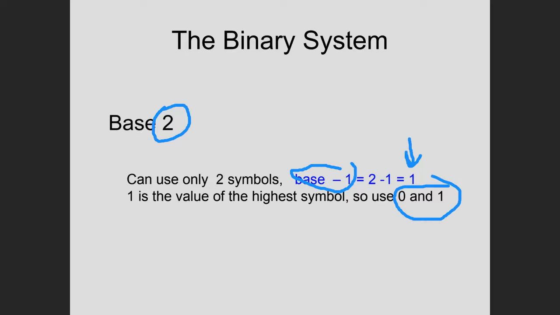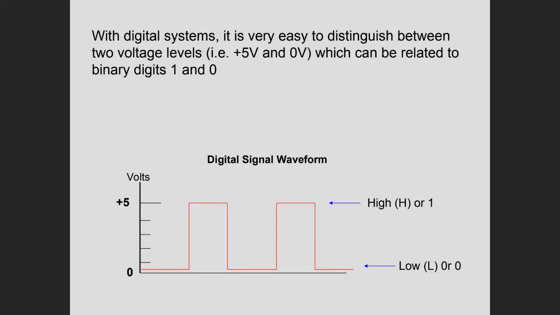Now, we know and understand that it's pretty easy to represent a 1 or a 0 with voltage. With a static 5 volts or 0 volts, I can represent a binary 1 with 5 volts, binary 0 with 0 volts, and I can actually move those 1s and 0s around by making something called a waveform.